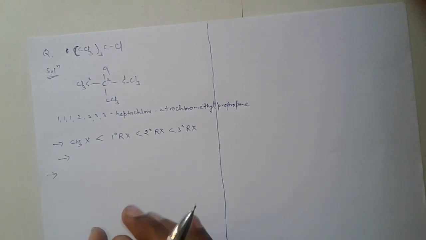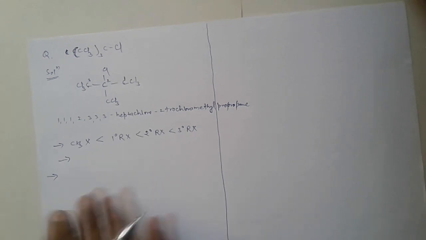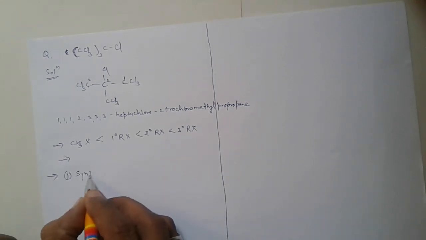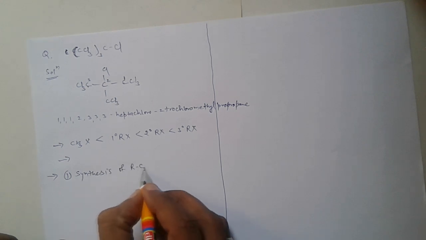Today I am going to discuss some examples of nucleophilic substitution reaction. So the first reaction is synthesis of alkyl cyanide.